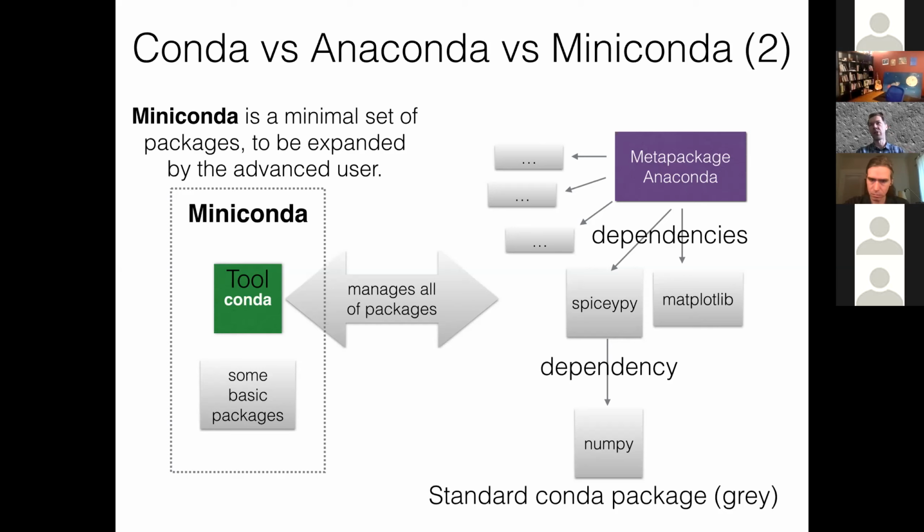But the meta package Anaconda just points to a huge list of packages. So when you install the Anaconda package, basically you get more than 100 packages installed, and it's dragging them in via a dependency tree. So basically it's a convenience package. You install once the meta package Anaconda, and you can do that with a graphical installer or with text commands, but more on this later.